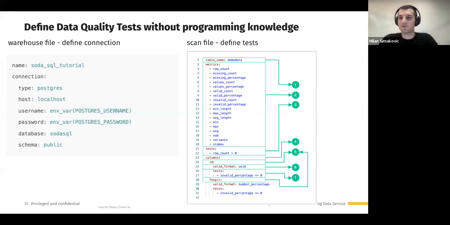We could either use them, or sometimes when this is not enough, we can write custom SQL queries where we extract the particular information that we want to test, and write the test on top of it. And of course, we can also define tests for all the columns or for the specific columns that we want to test.